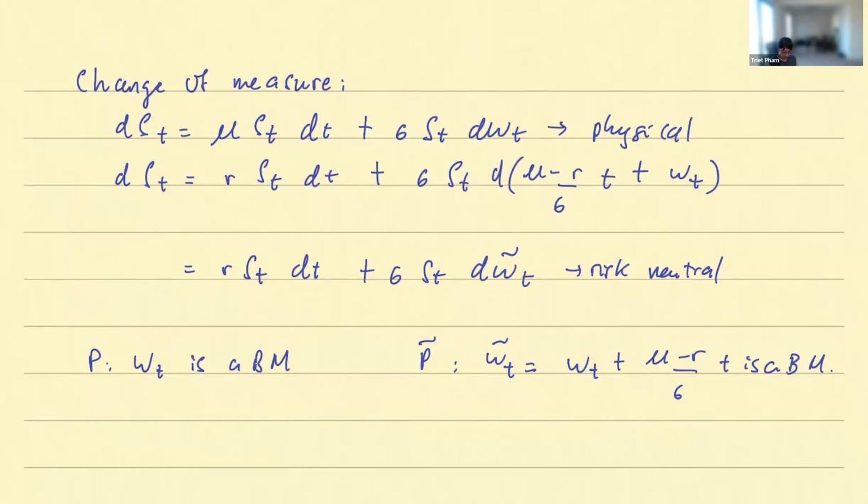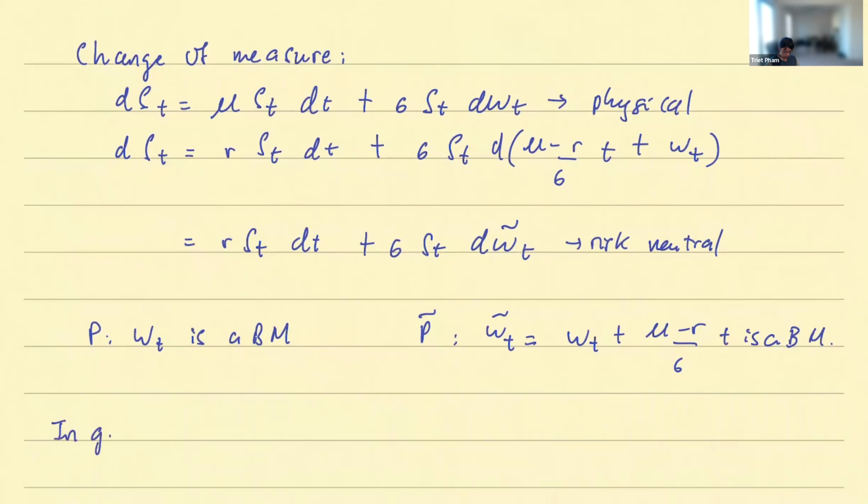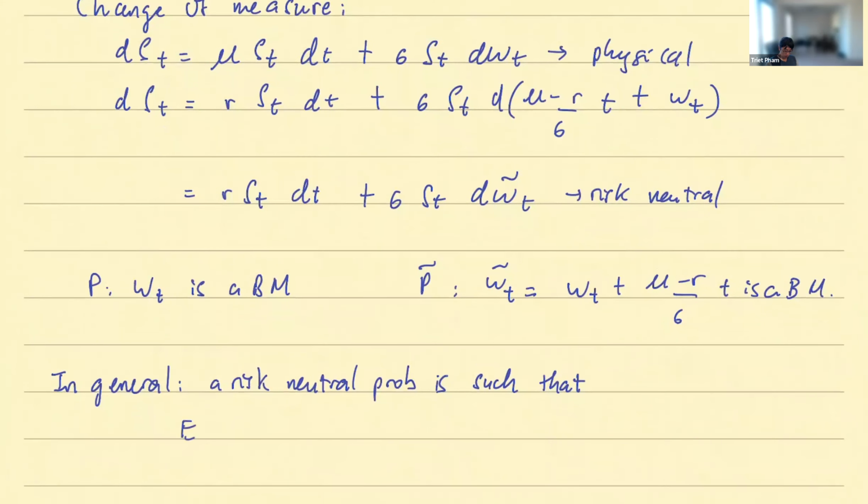Now, I want you to know that in general, it doesn't matter what model you use, a risk neutral probability is such that the pricing equation works. I'll make it the most general.